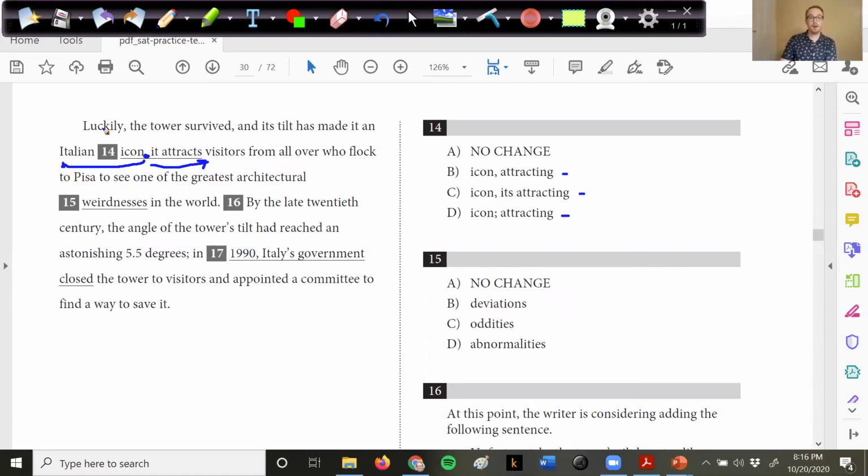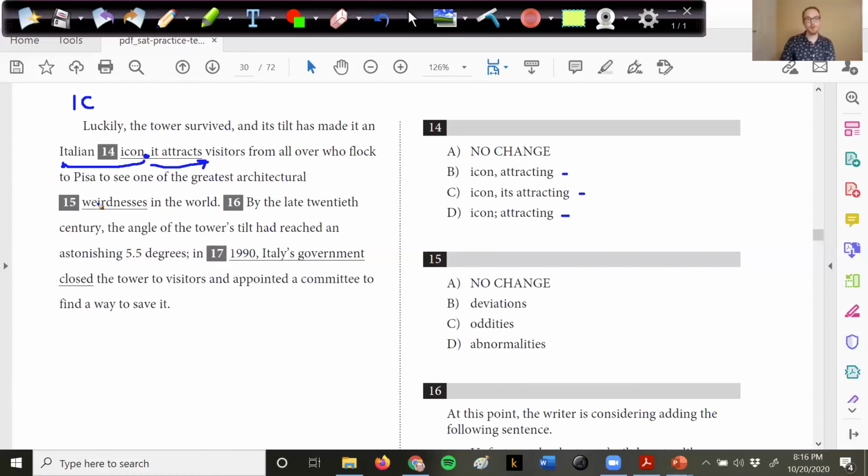So before up to the comma, "luckily the tower survived and its tilt has made it an Italian icon." I like it. That's a complete sentence. That stands on its own. That is an independent clause. Doesn't need the rest of this. Other side of the comma, "it attracts visitors from all over who flock to Pisa to see one of the greatest architectural weirdnesses in the world."